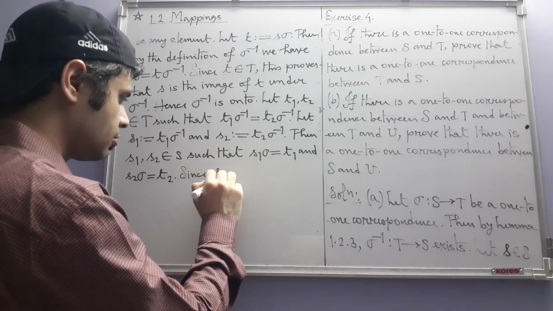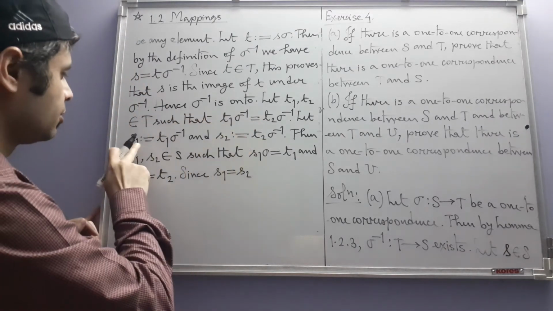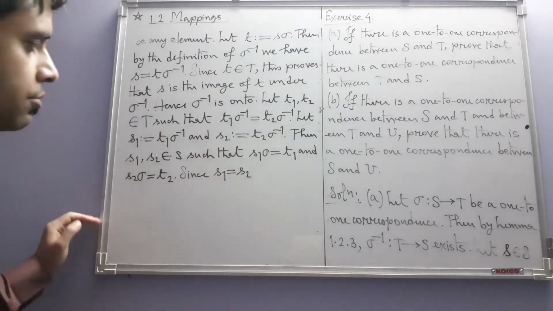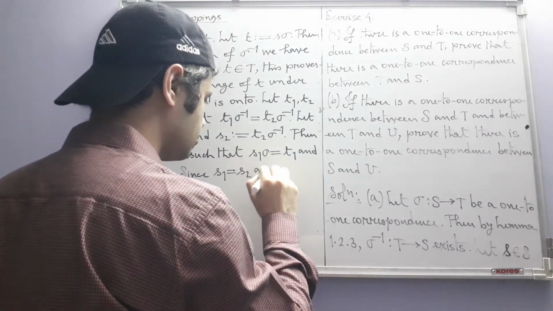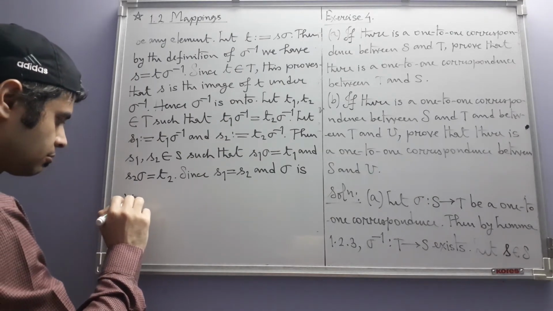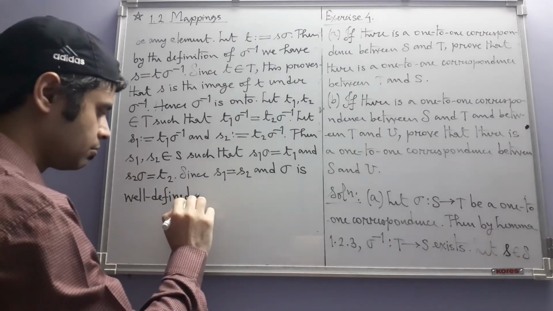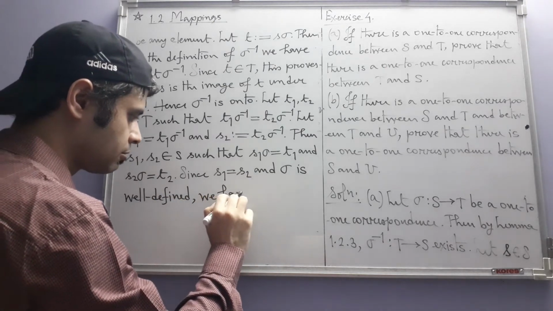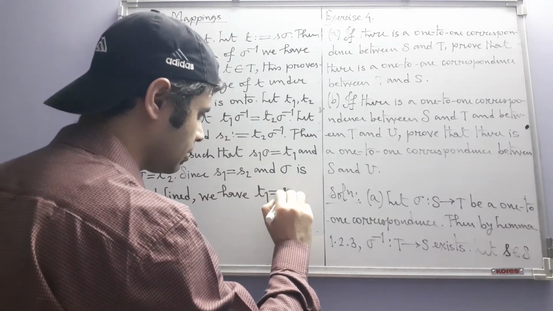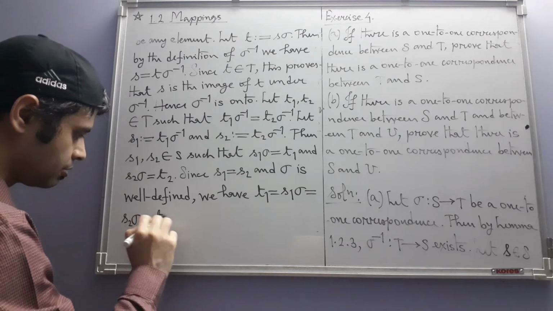Since s1 is equal to s2, because that's what we have here, s1 is nothing but this and s2 is nothing but this, and sigma is a well-defined mapping, we have t1 equal to s1 sigma equal to s2 sigma is equal to t2.